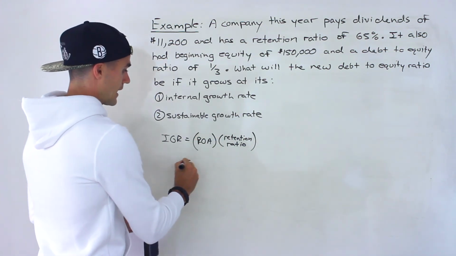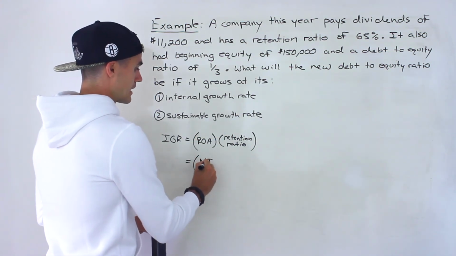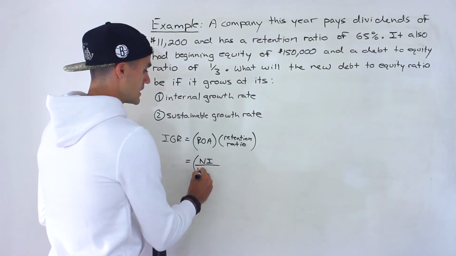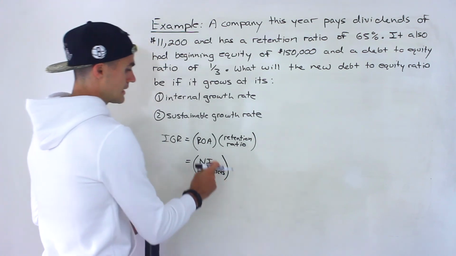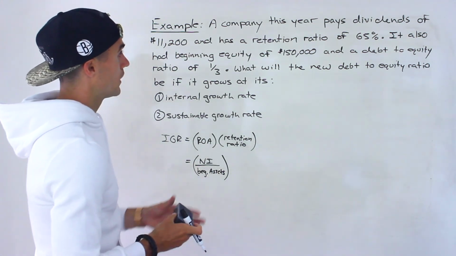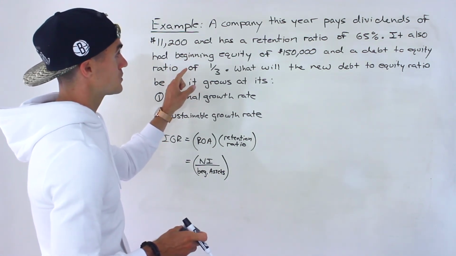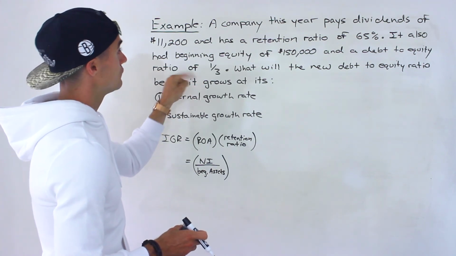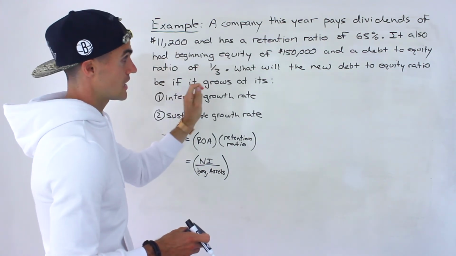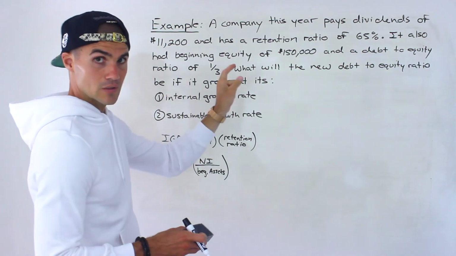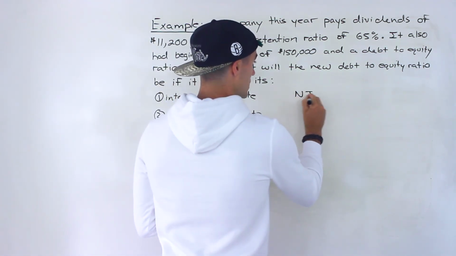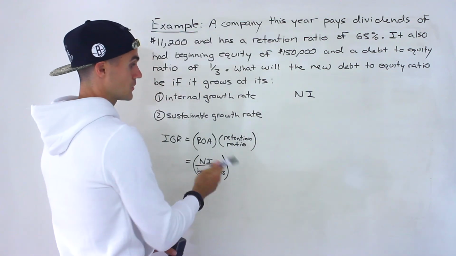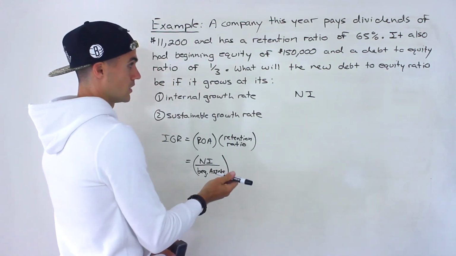So for the return on assets, what we're going to need is the net income and then the beginning assets. So we need to get that information with what we're given here. Notice we're told the amount of dividends that are being paid and the retention ratio. And with that information, we can actually find out what the net income is going to be. That's what we need over here.